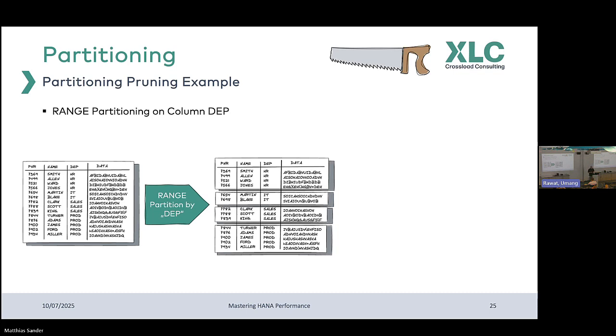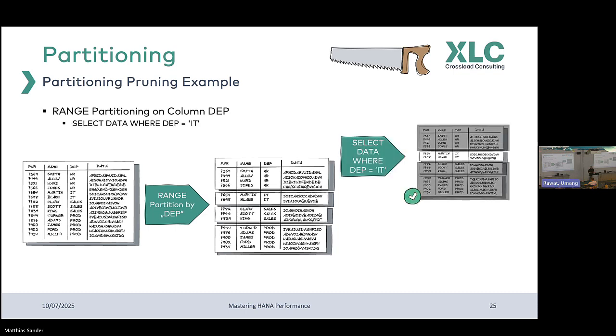So before the repartitioning, on the left screenshot, if you do select data where department is IT, maybe there is an index on the column department, but if not, the whole column will be scanned. After the repartitioning, there's a single partition with data only for department IT.